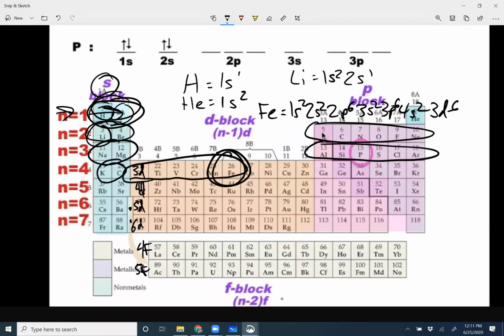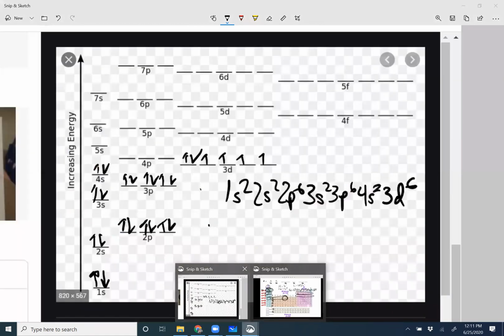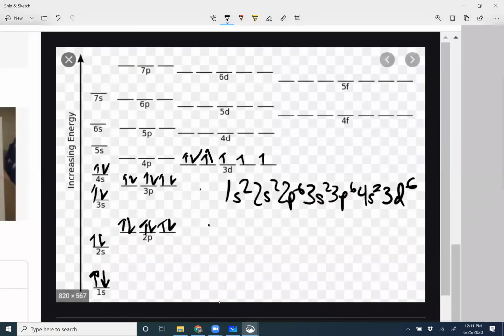Pretty simple. Now, as you can tell, it's going to get kind of tedious going into some of the later elements. Say, for instance, you were even just trying to do tin down there with 50 electrons. Well, we left off at 26, 27, 28, 29, 30, 31, 32, 33, 34, 35, 36, 37, 38, 39, 40, 41, 42, 43, 44, 45, 46, 47, 48, 49, 50.